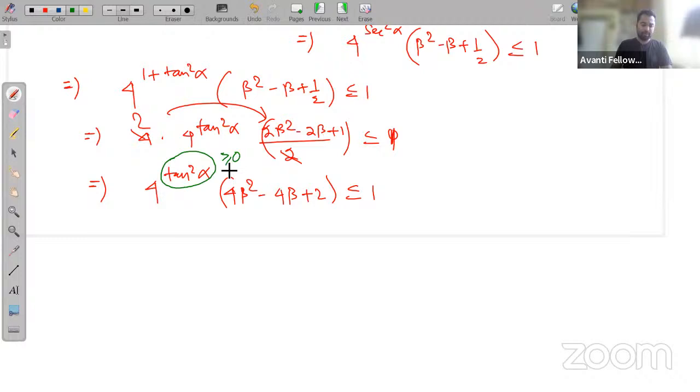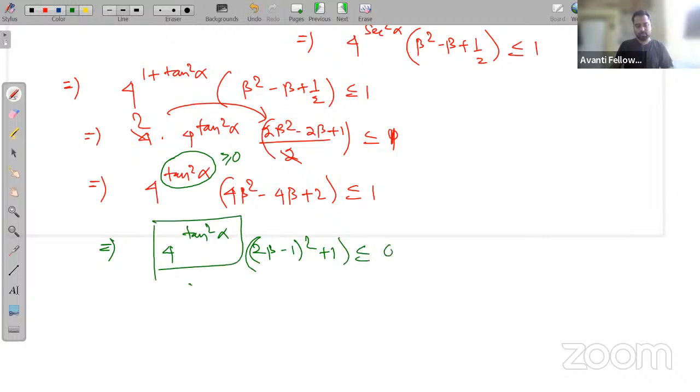So if it is greater than 0, then can I write this as 4 to the power tan square alpha times 2 beta minus 1 whole square plus 1? Yes, I can write, no problem. So this is greater than or equal to 1.